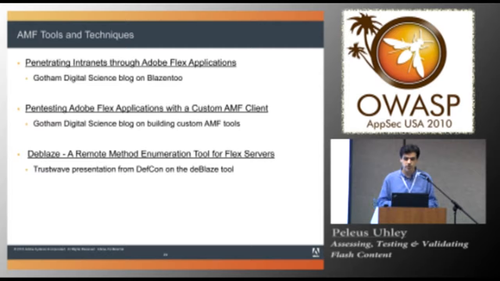So if you want to write a Python or a Ruby script that does manual pen testing for your specific application, he talks about the libraries that are available for that if you want to attack the AMF server. And then Blaze was presented at DEF CON, and there's a good 20-minute video explaining the tool. It's nice, it's short, he gets to the point, and he has a pretty good demo with it. So if you're interested in AMF and your web applications are using AMF, you may want to take a look at that.